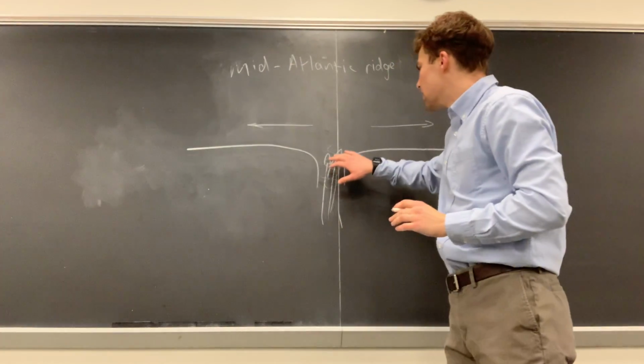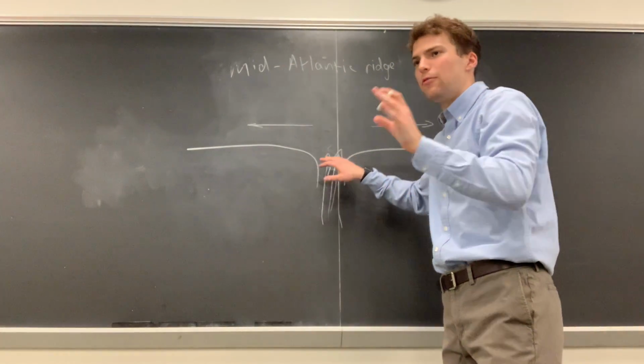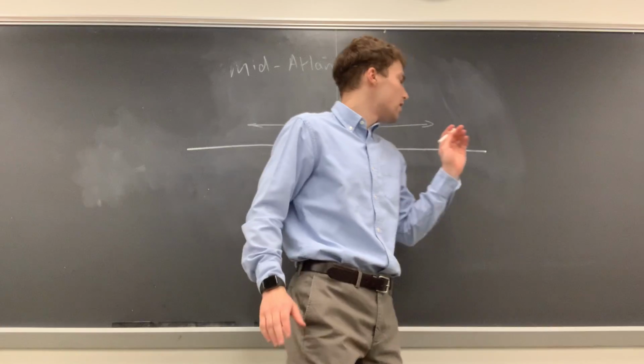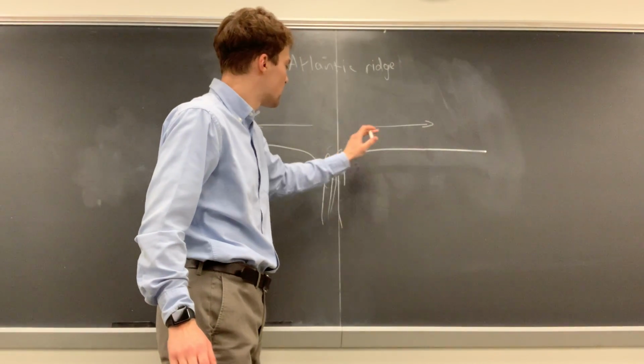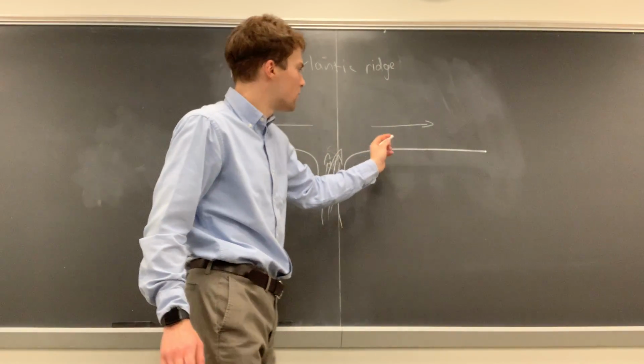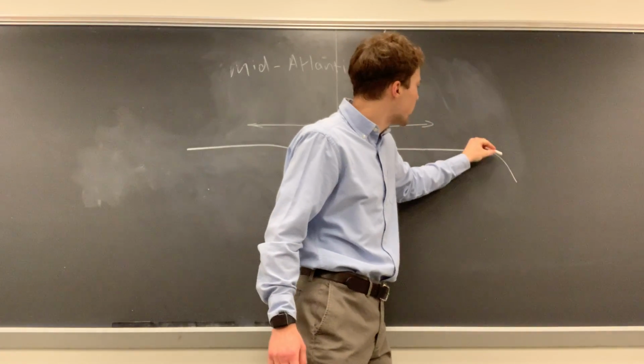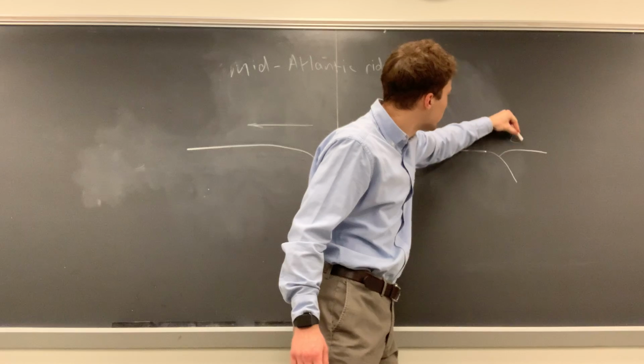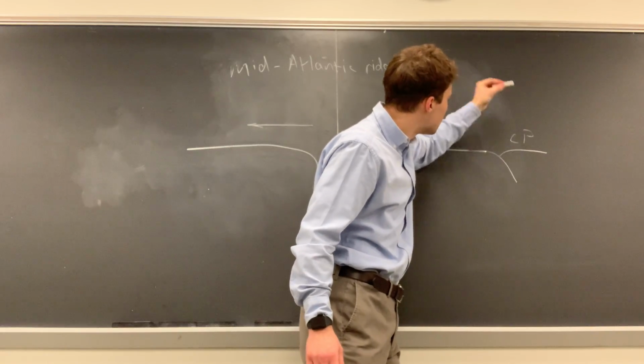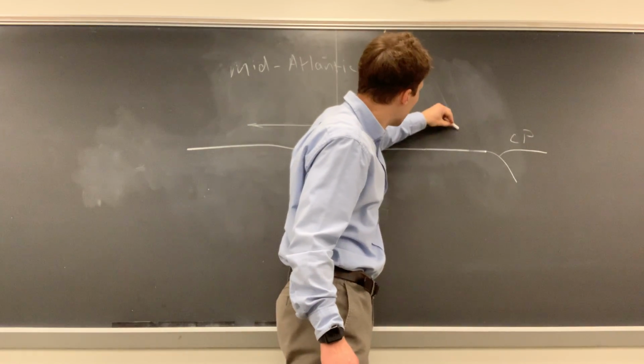So, if this here is the youngest, I just want to make sure everyone can see, that's why I'm moving around. If this here is the youngest, and let's say the plates are moving all the way here, here's a continental plate, CP. This is the ocean plate.